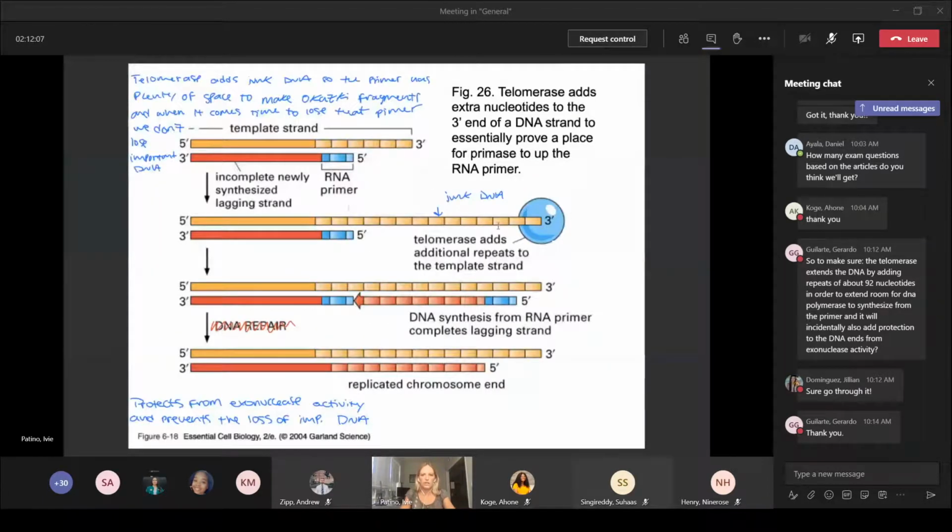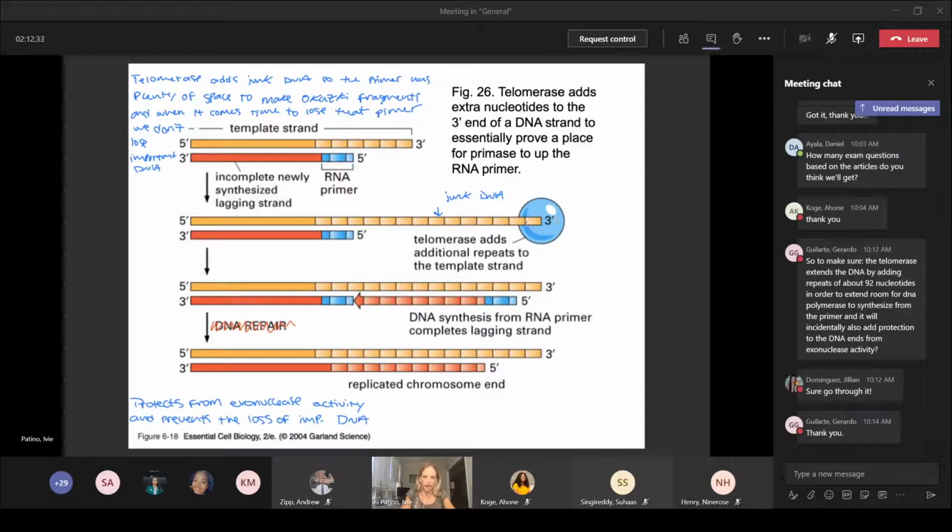So that junk DNA is getting added to this orange, which is the template strand. So the junk DNA is elongating the template strand to allow for more space for that primer to be laid down. If we're looking at this top chromosome right here, there's not enough space for a new primer to come in.